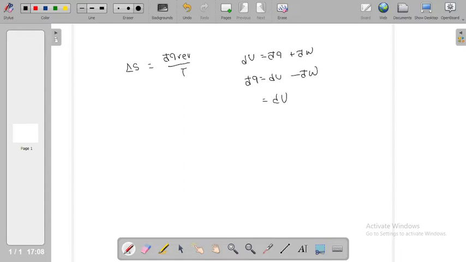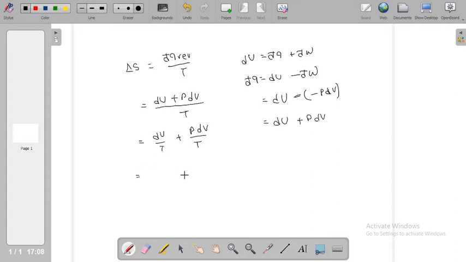We know that dw equals minus P dV, so dq will be dU plus P dV. Inputting this here, we get dU plus P dV by T, that is, dU by T plus P dV by T.